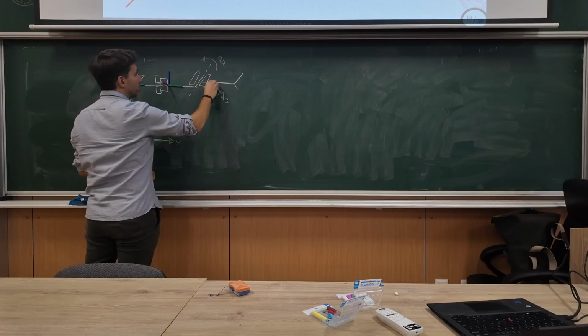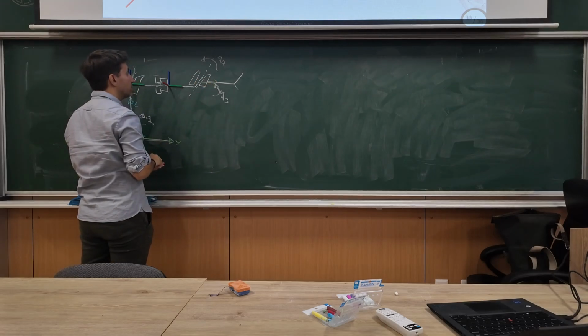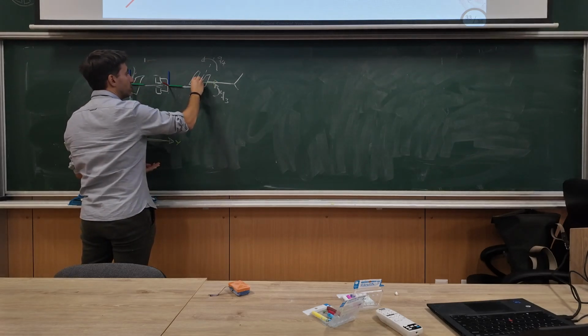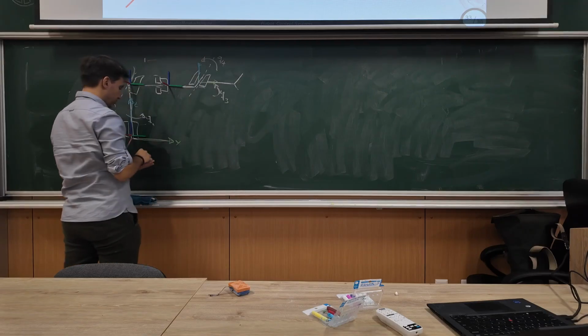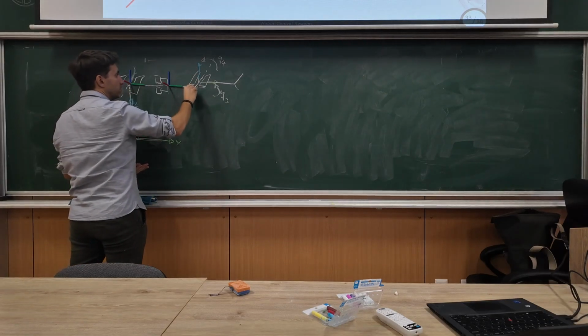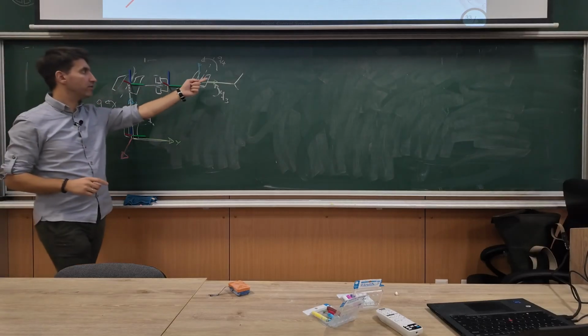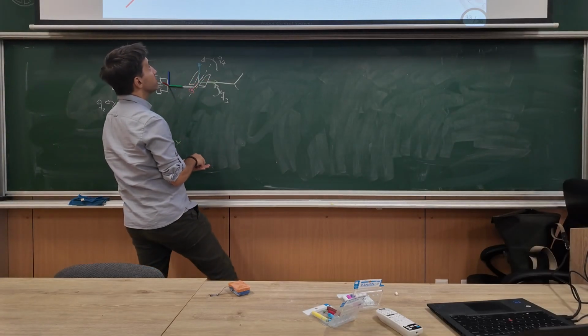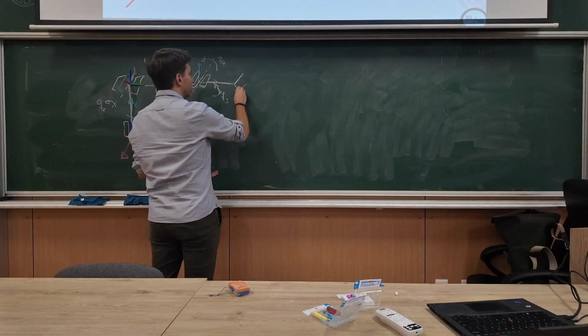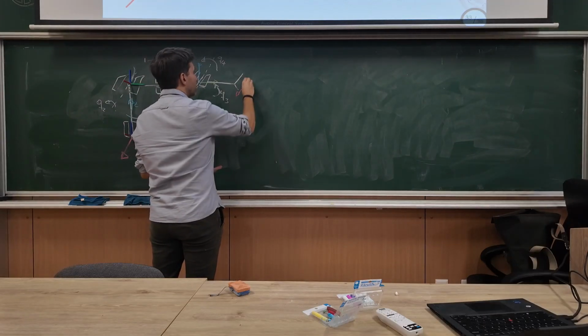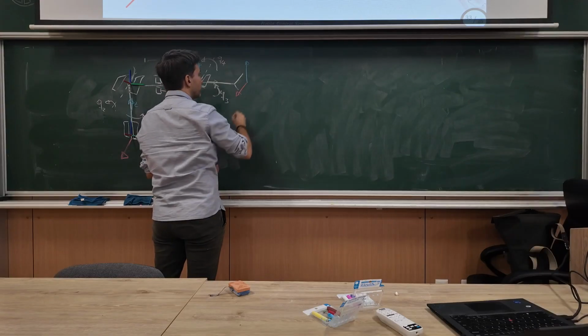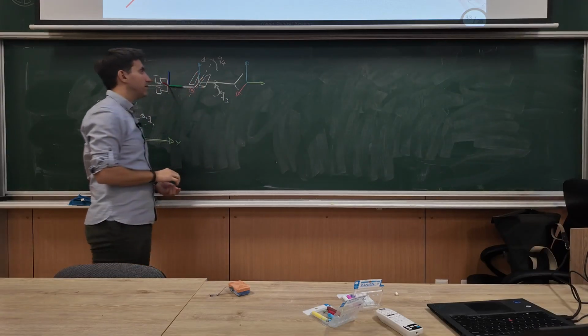So this would be like this and like this. So 0, 1, 2, 3, 4, and 5, as I have it there, it would be like this.